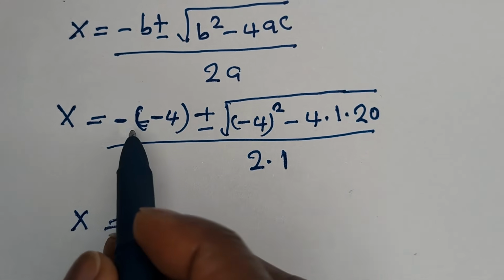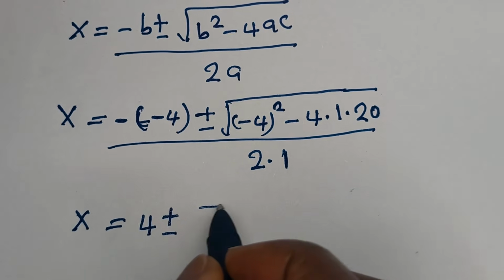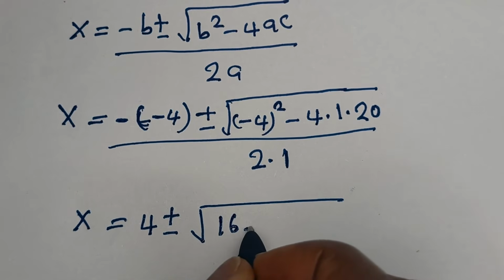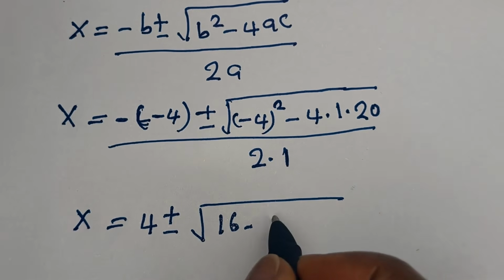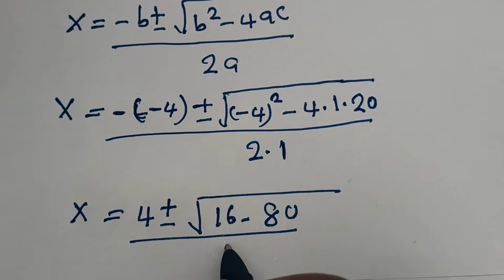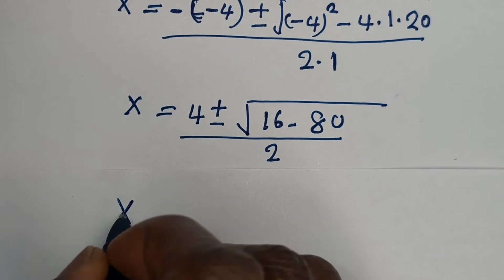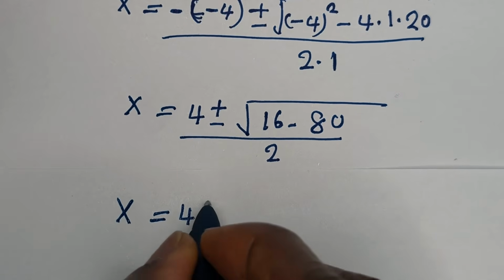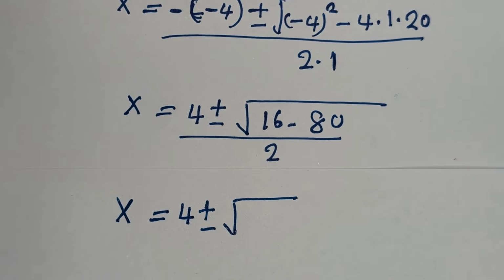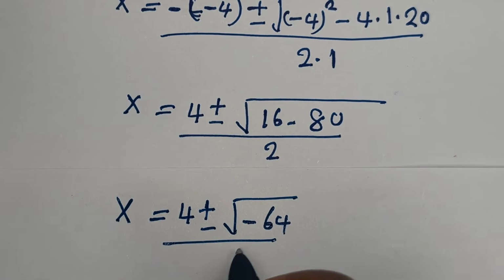s is equal to minus times minus 4, this is 4, plus or minus square root of minus 4 squared, that is 16, minus 4 times 1 times 20, that is 80, over 2 multiplied by 1, 2. s is equal to 4 plus or minus square root of 16 minus 80, that is minus 64, over 2.